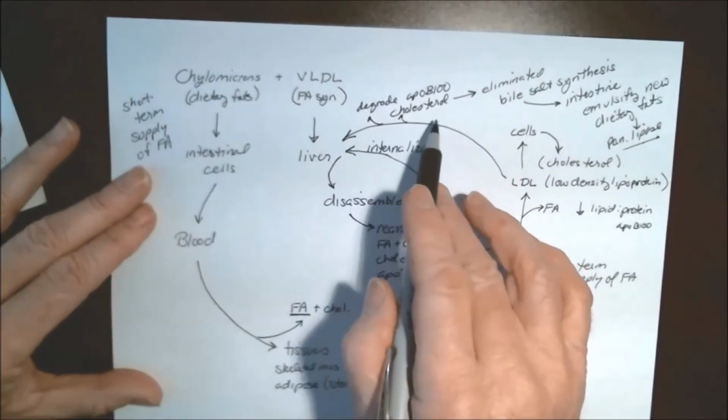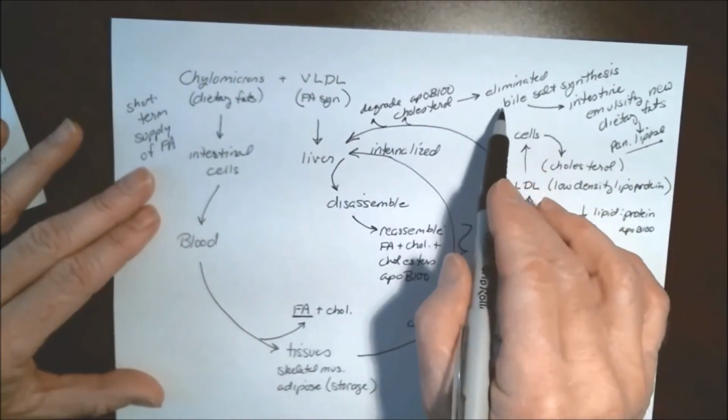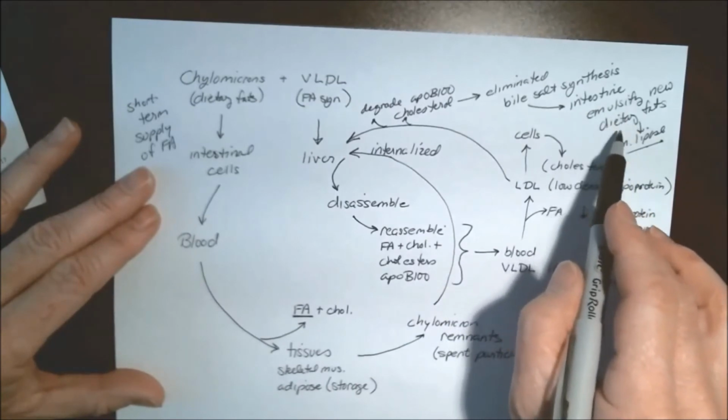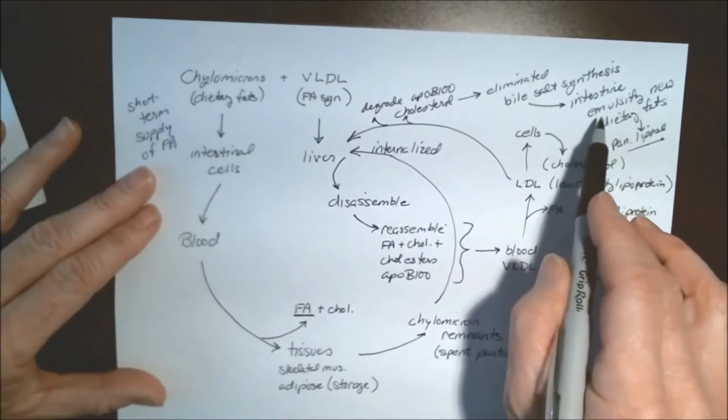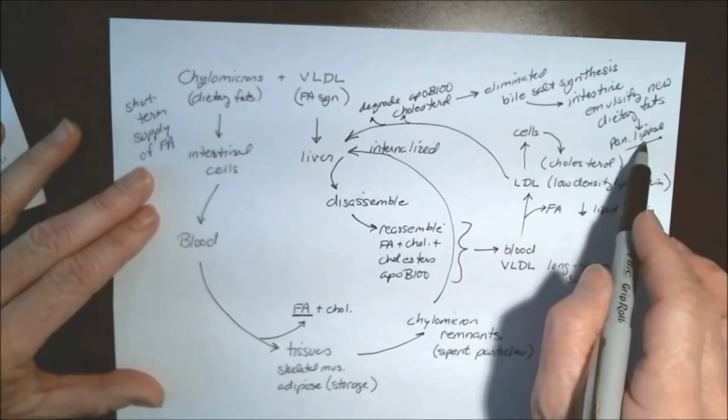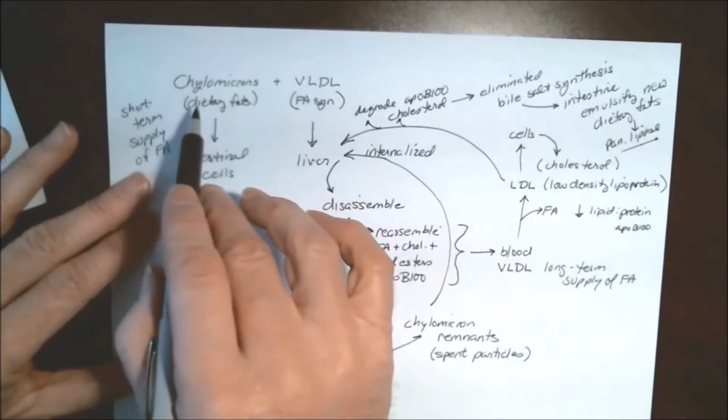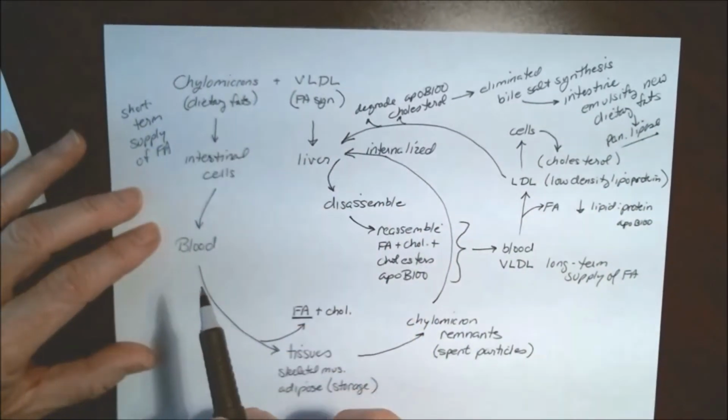So basically we are using a waste product here to generate the smaller dietary fat lipid droplets to increase the lipase efficiency to release more fatty acids to reconstruct chylomicrons.